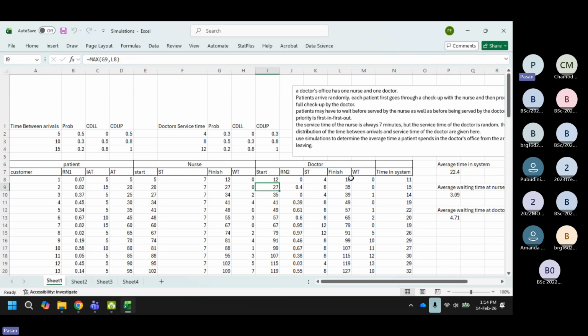So the maximum of those two we can identify, and then from there we can find out the waiting time at the nurse, and the waiting time at the queue for the doctor's office, right? And then from that we can identify overall waiting times, and then we can calculate the time in the system by taking the finish time here and the arrival time here. So the difference of those two will be the time they are spending in the system, right?